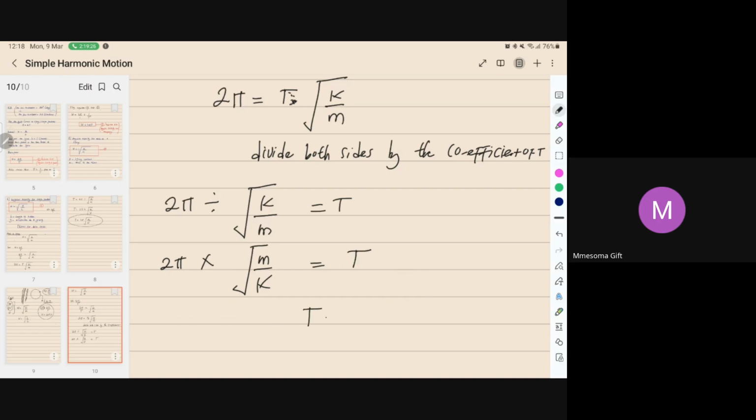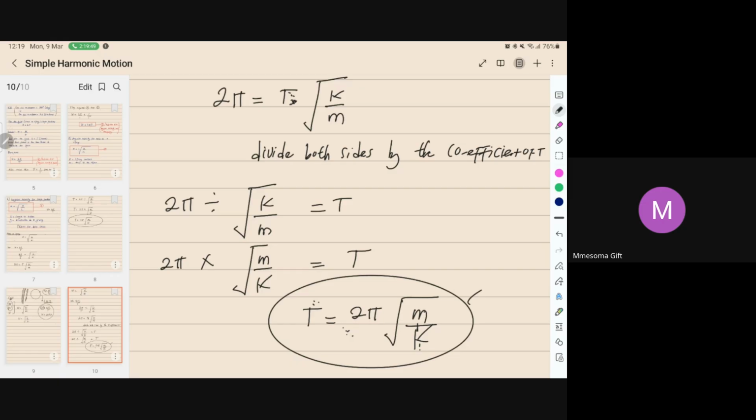So the period for a mass on a spring is going to be this: 2 pi square root of m over k. That's the formula. But if you cannot derive it, just cram it. All you need to know is how to apply the formula.